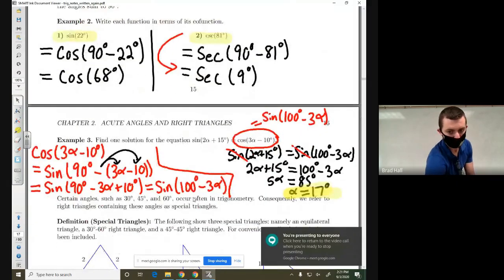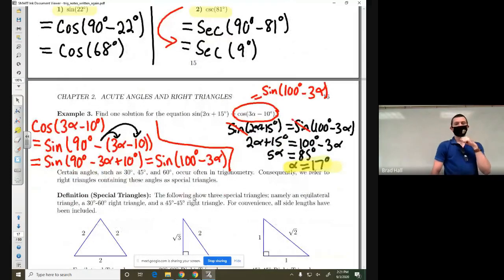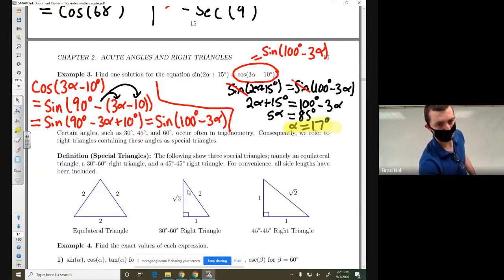Now we're going to get to the important stuff. So cofunctions, yeah, that's cool. Special triangles. This is super important. I can't overstate how much of a necessity this is to the remainder of the semester. I preface this by saying certain angles such as 30 degrees, 45 degrees, 60 degrees occur pretty often. So those angles, we're going to call special angles.